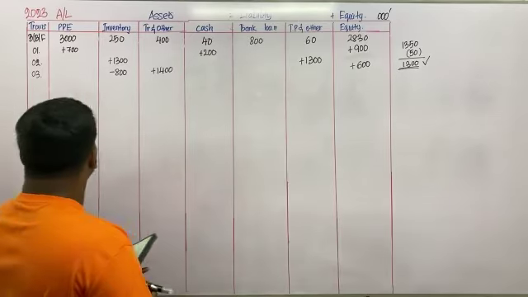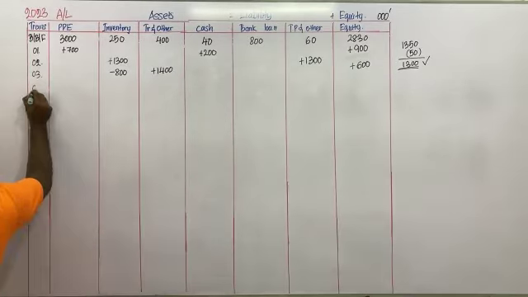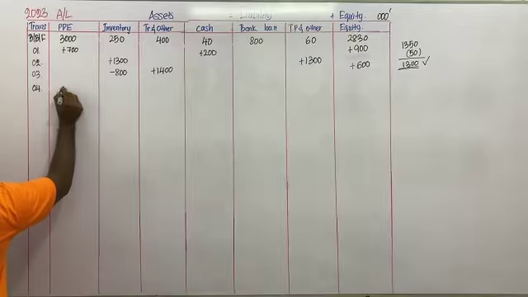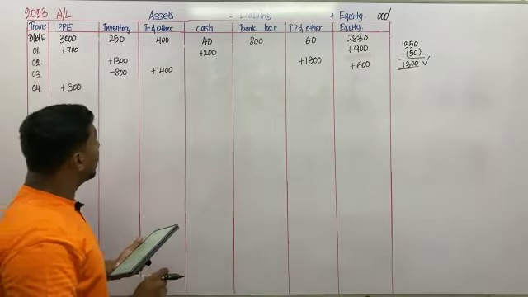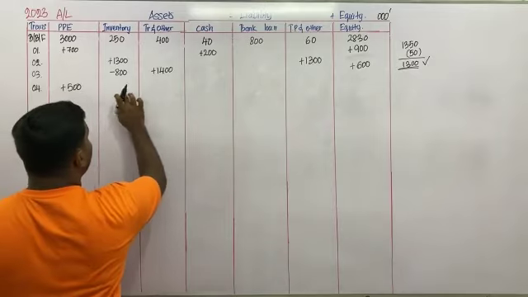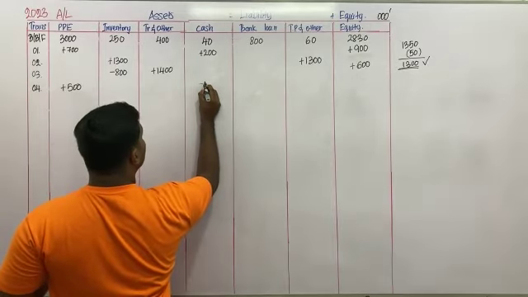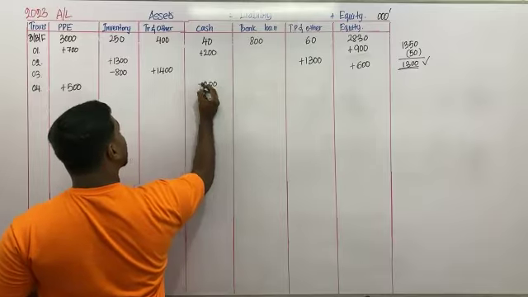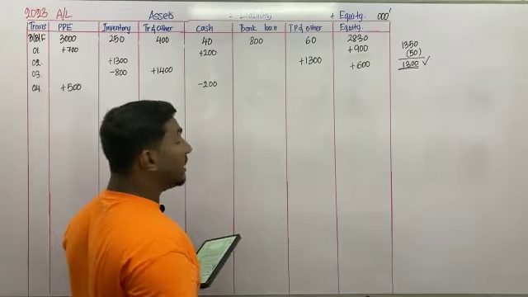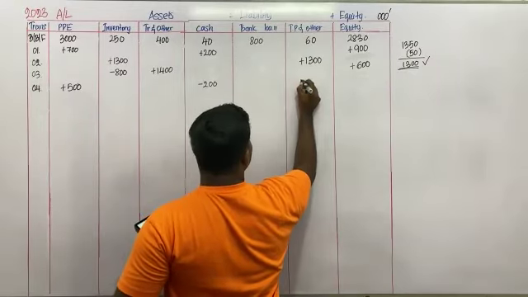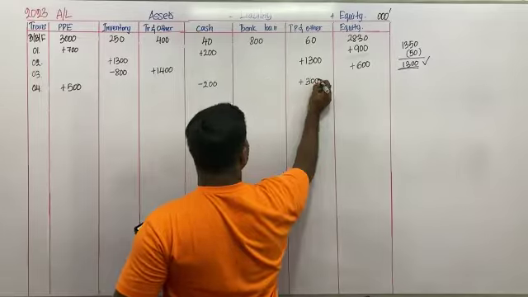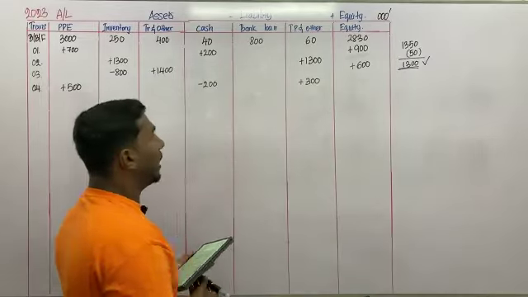So we bought 500 worth of furniture, and we paid cash 200, so minus 200, and 300 needs to be payable.